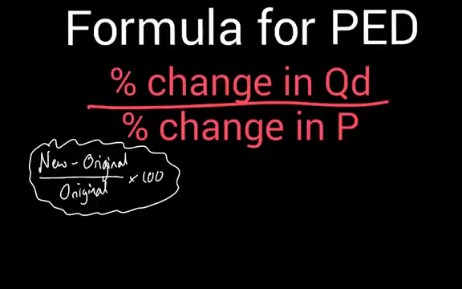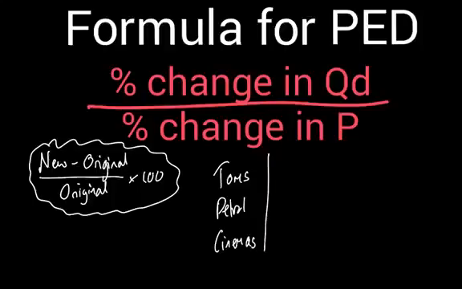Once we've got that, let's think about what we've got here. We've got the percentage change in demand on the top and the percentage change in price on the bottom. Let's think about it in terms of our three examples. Remember, we had our tomatoes, we had our petrol, and we had our cinemas. Let's think about what that means for each of them.